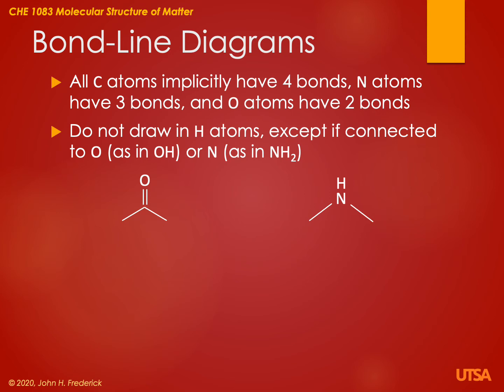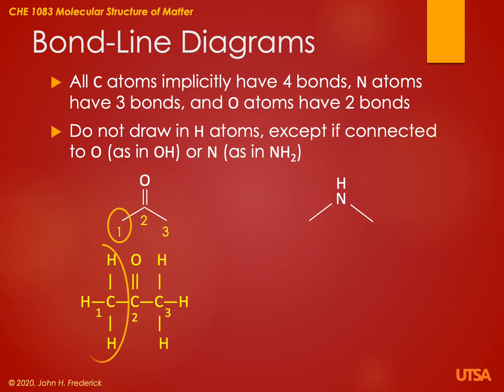This first molecule on the left, we've got 1, 2, 3 endpoints on line segments, so there's 3 carbons. Here's what the full molecule would look like with the same numbering system. So you can see that the carbon on the end there is indeed a CH3. The other one is as well. We haven't indicated that, but it is also a CH3.